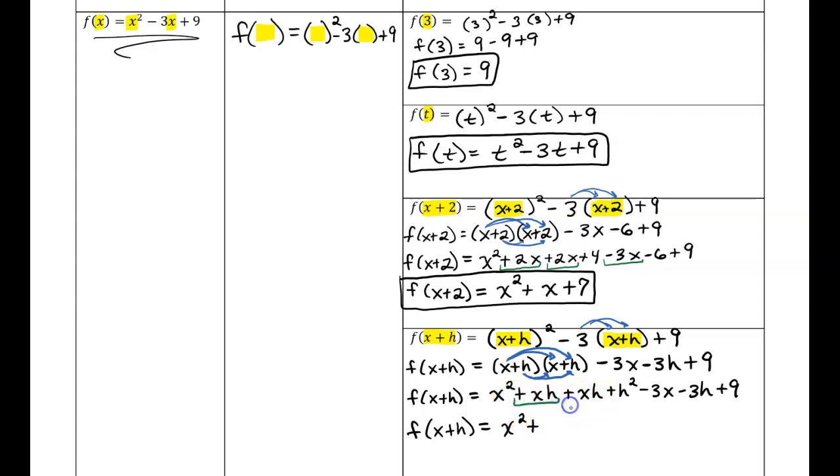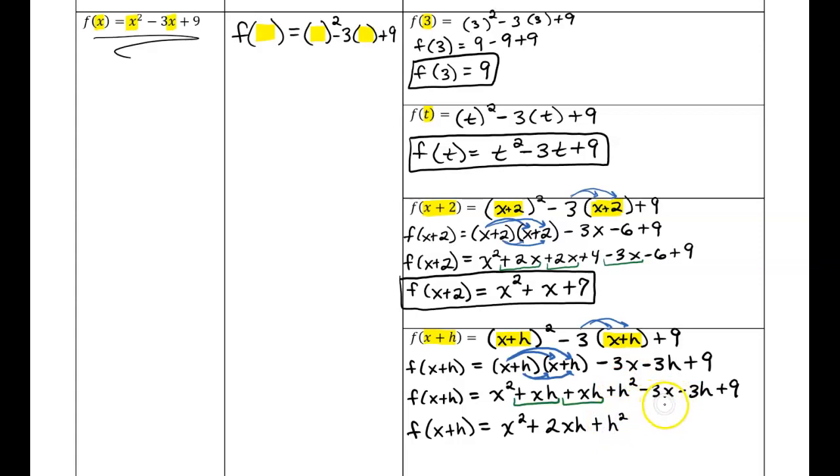So these have the exact same variable. So those I am able to combine here. So I have xh plus xh. Well, that's two of them since they're being added. Let's see, the h squared, that looks to be the only h value squared, so we'll keep it down.